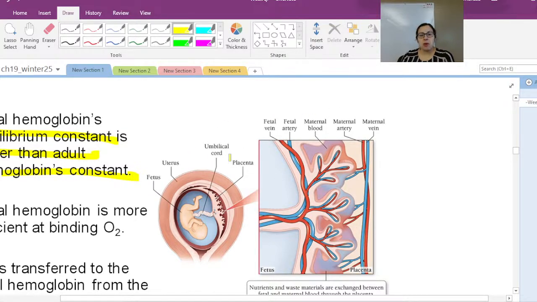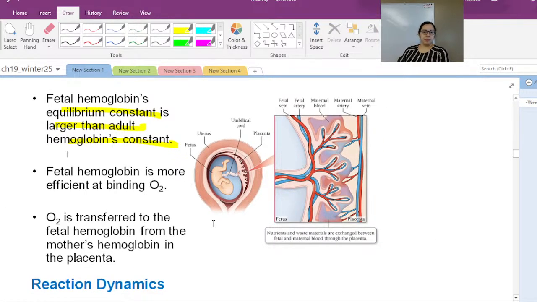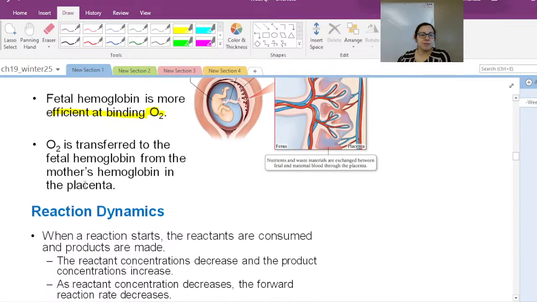Once the hemoglobin makes its way to the baby, part of the trick is how the mom is going to release the O2 and the baby get sufficient amounts. Because fetal hemoglobin has a more efficient binding coefficient, it will take any O2 that is released. And so that's why the adult hemoglobin is able to release the oxygen and then bind to the fetal hemoglobin.